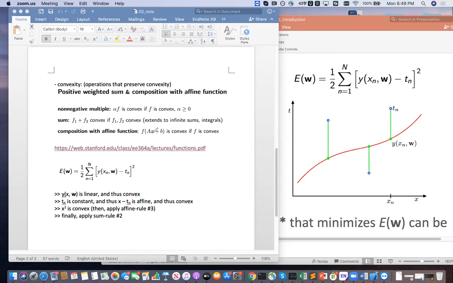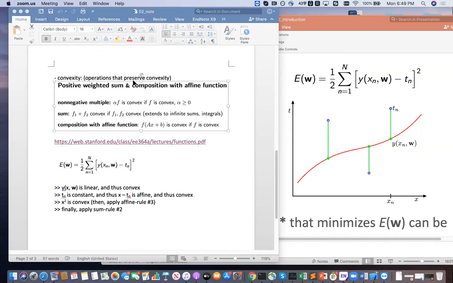It's a plane in high-dimensional space, because x could be x1, x2, x3, a three-dimensional space. So if f itself is a convex function and you compose it with an affine function of some variable, the whole thing is still convex. Keep these three rules in mind, and you can already solve a lot of problems.